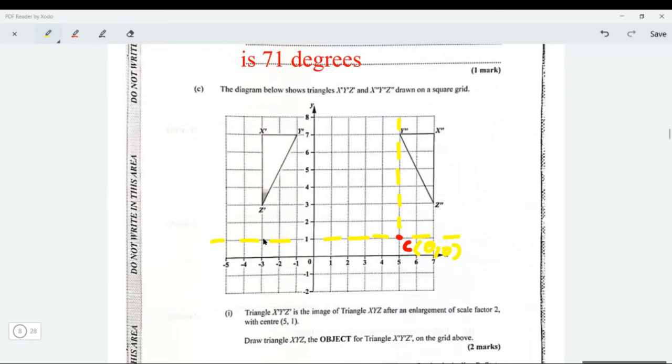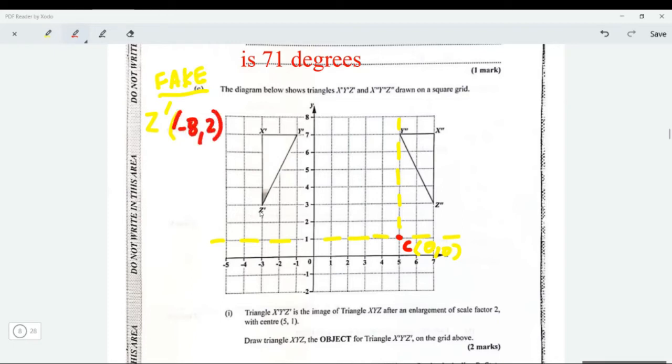Sorry, that's 8, so that's negative 8. And then I'm going up 1, 2. In that case, my fake Z prime, let me write fake at the top, is -8, 2.